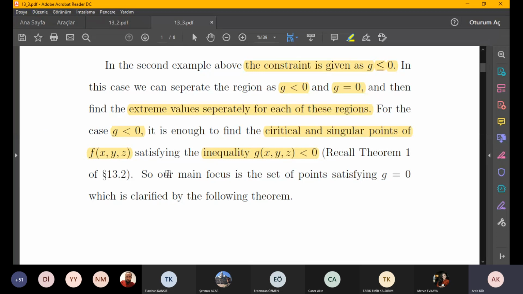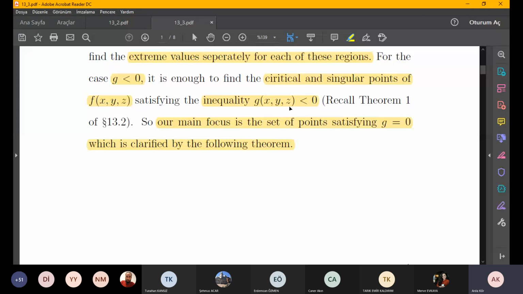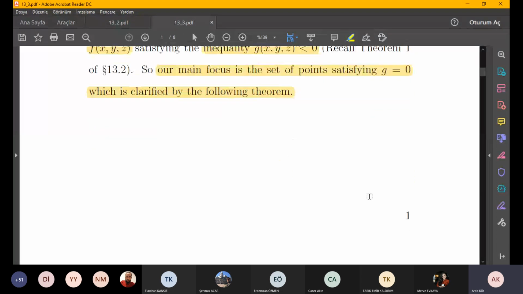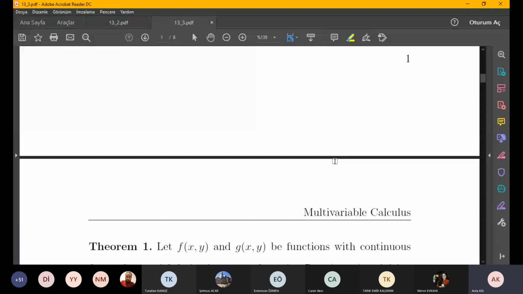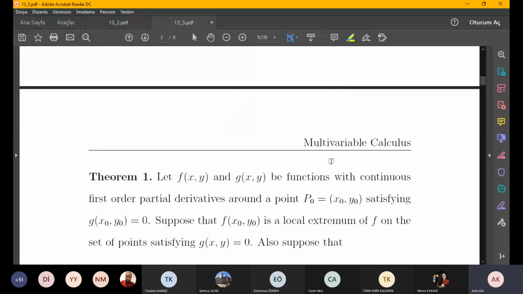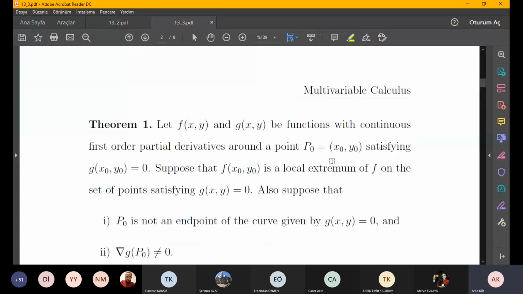After that our main focus is the set of points satisfying g equals 0, which is clarified by the following theorem.